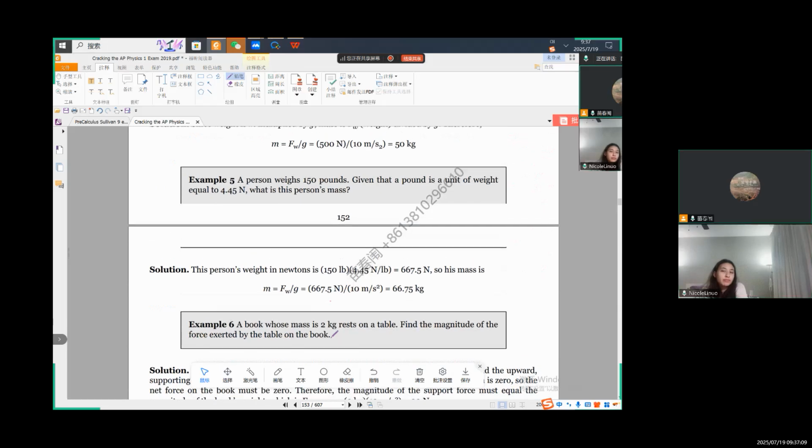I have a question. If you don't put units, would AP give you partial points, or would they even award you the point? Well, you just do the units anyway.